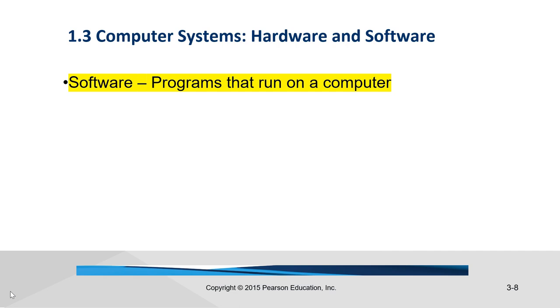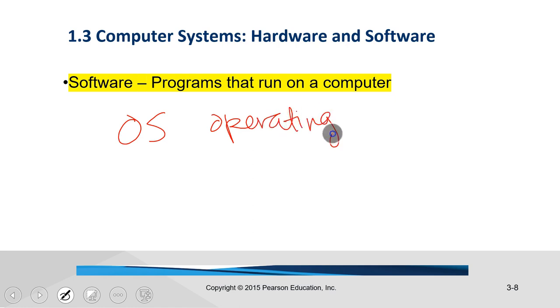Software is different from hardware. Software runs on hardware, and in fact the definition of software is programs that run on a computer. There are 2 types of software: operating system software and application software.